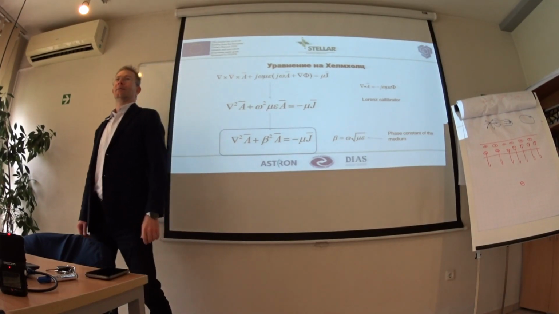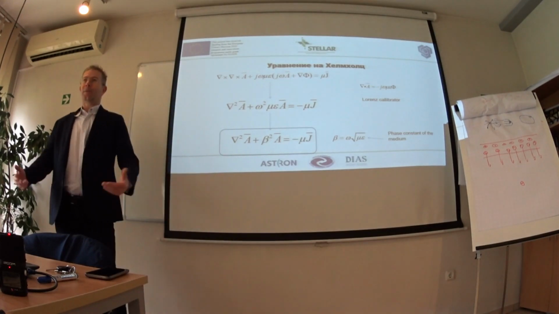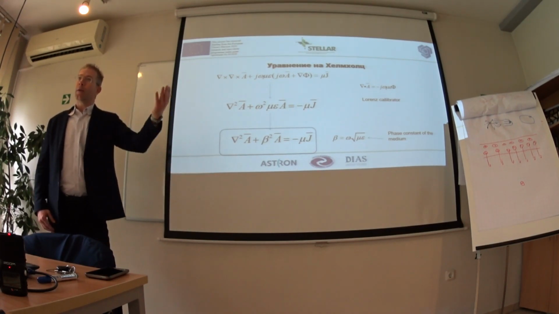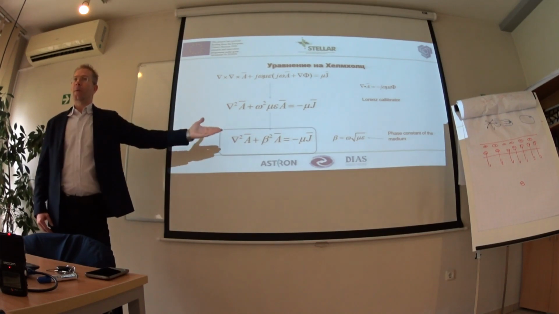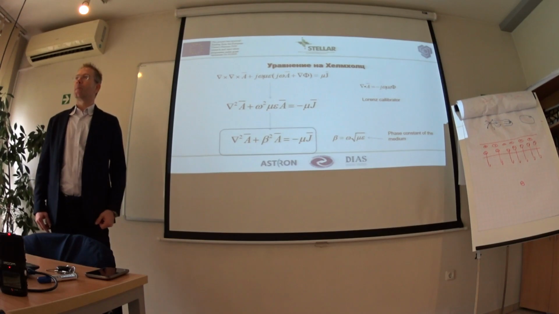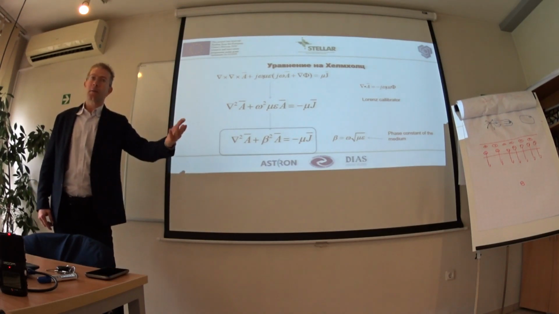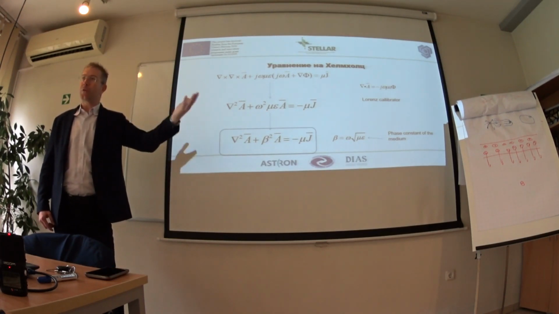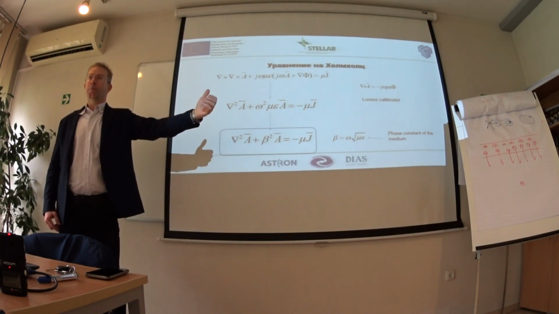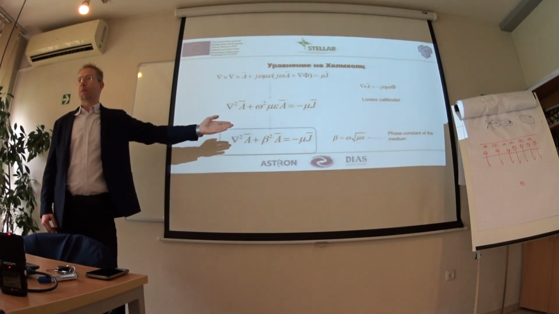And beta in real life is the phase constant of a propagating wave. It means how many degrees or radians the wave will change the phase if it propagates over 1 meter distance. This is what beta is.